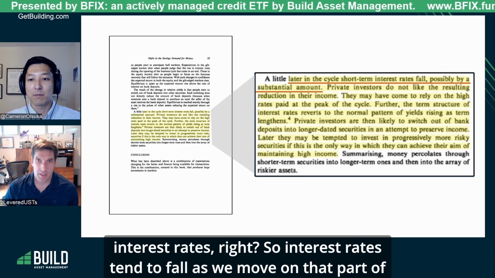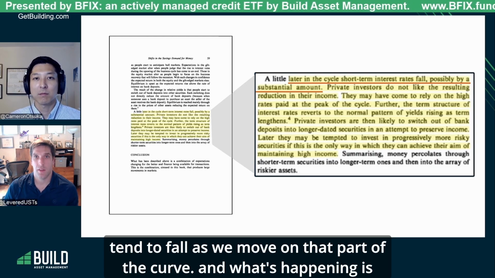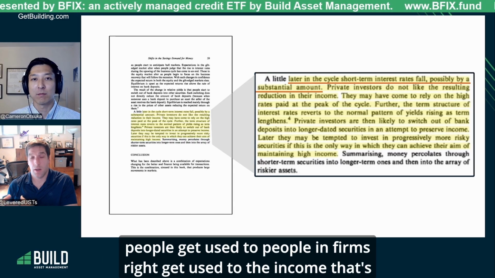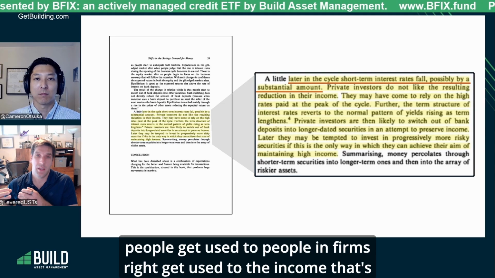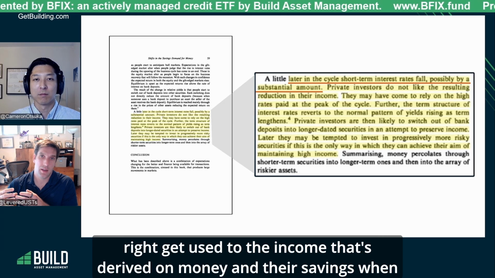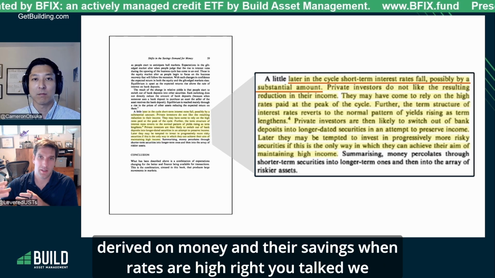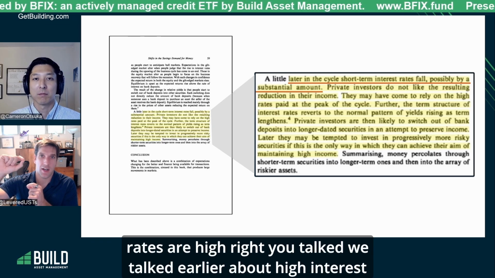So interest rates tend to fall as we move on that part of the curve. And what's happening is people and firms, right, get used to the income that's derived on money and their savings when rates are high, right?